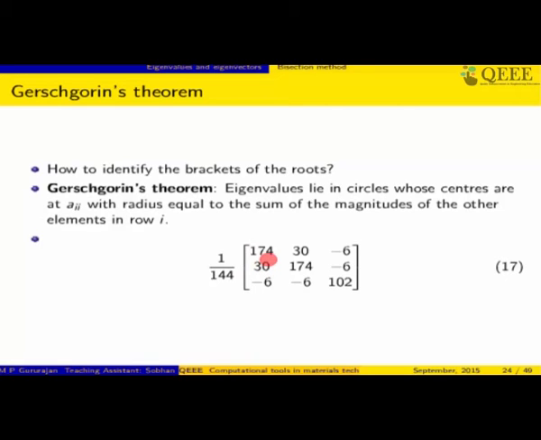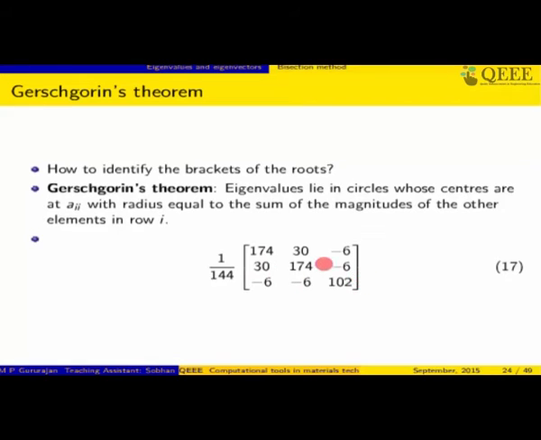Using that as the center, you draw a circle whose radius is 174 by 144 plus 30 by 144 plus 6 by 144. So within that circle there will be one eigenvalue. The second one will be similarly here, and the third one similarly here.